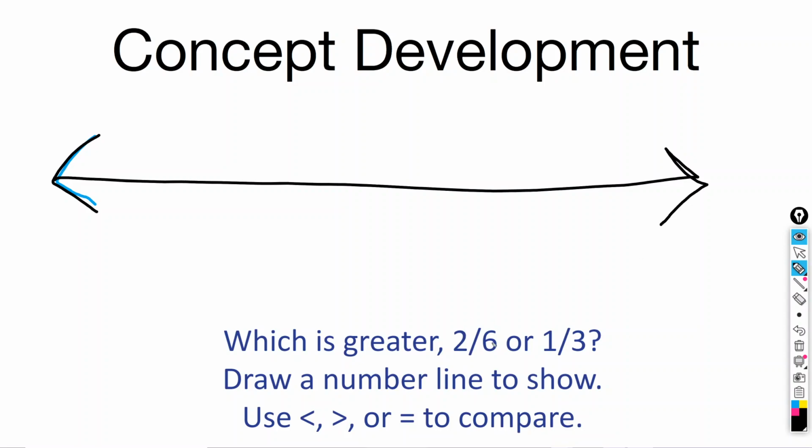Now, both of these fractions are less than 1 whole because if I rewrite them, this is 2/6 and this is 1/3. The top number for each of them is smaller than the bottom number, and if the top number is smaller, we know it's less than 1 whole. So that means that I can start at 0 and end at 1.